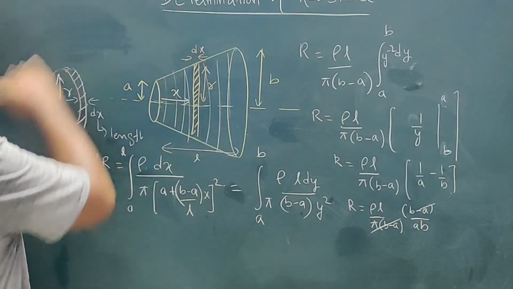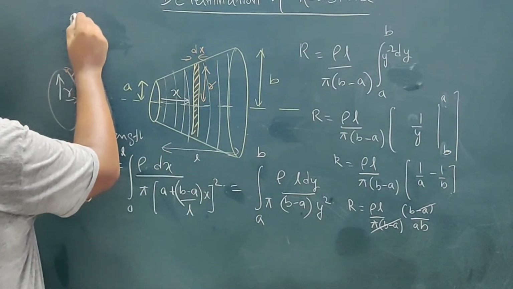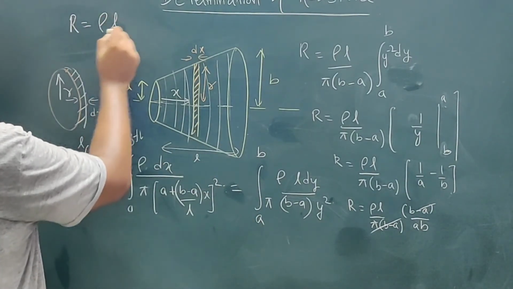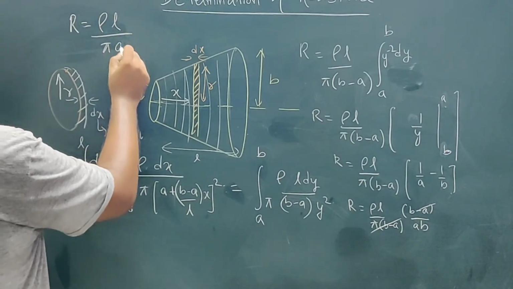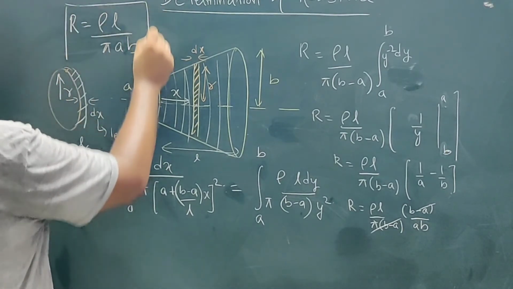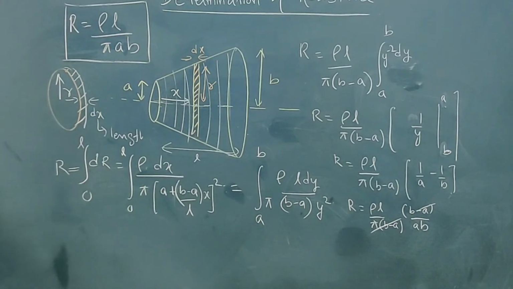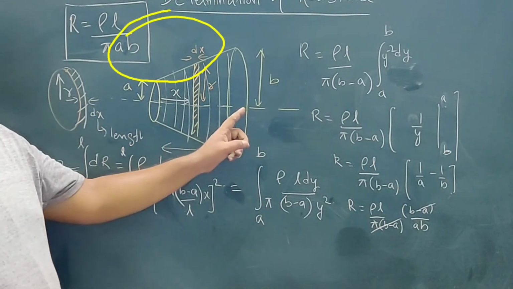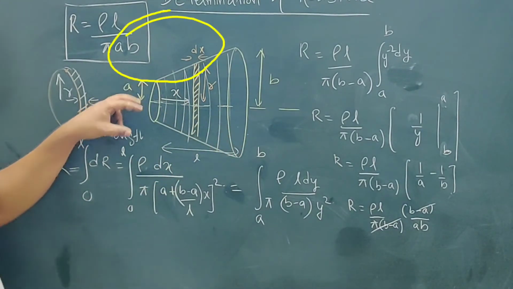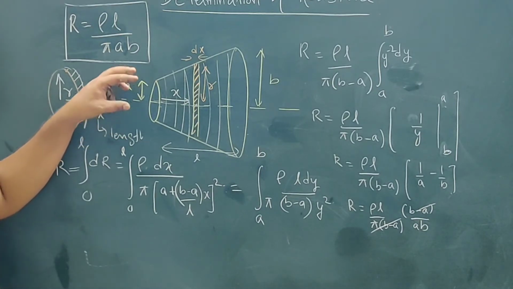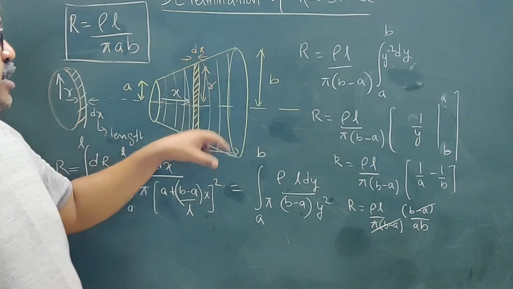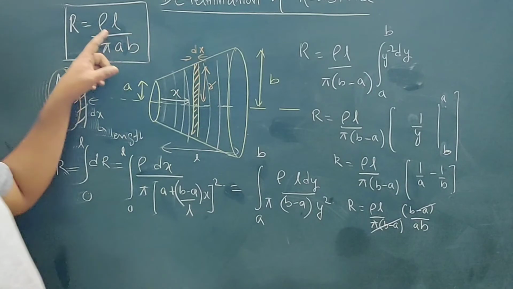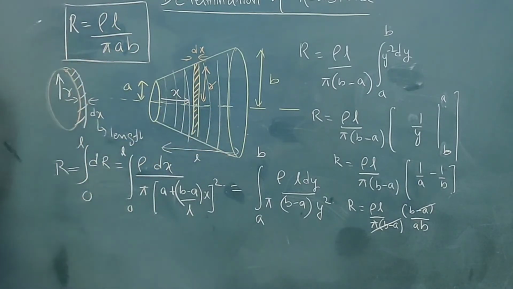So we get the expression of resistance as R is equal to rho L by pi AB. So this is the expression for the resistance of this truncated cone whose one side cross section radius is A, the other side cross section radius is B, L is the length, and rho is the resistivity.